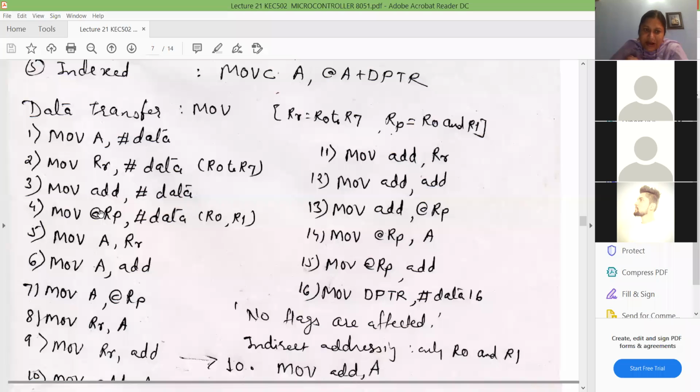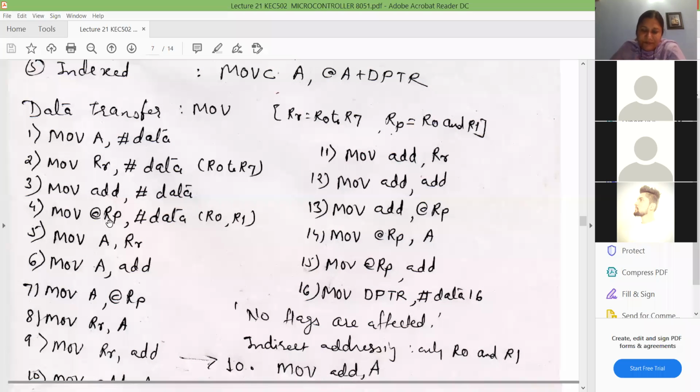When I write Ri, that means it is for register indirect, and for that only R0 and R1 registers are used. Just to differentiate between Rn and Ri: when I write Rn, this can be R0 to R7. When I write Ri, this is only R0 and R1.